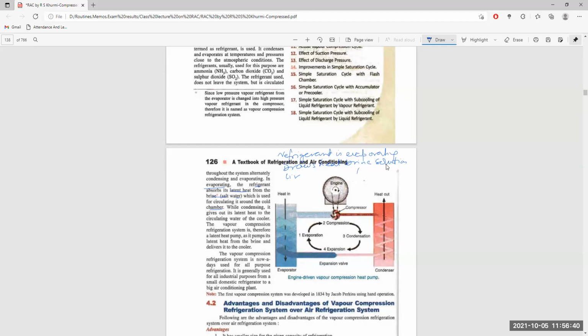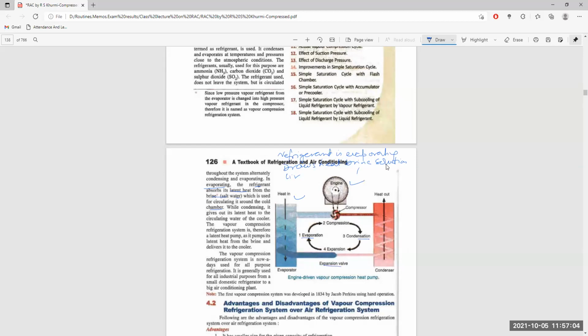Heat is released and heat is brought in, and this is the evaporator. Heat is released from the cabinet itself, and this is the condenser, and heat is thrown out onto the atmosphere itself. And there is an expansion valve somewhere here. The expansion valve reduces the pressure.